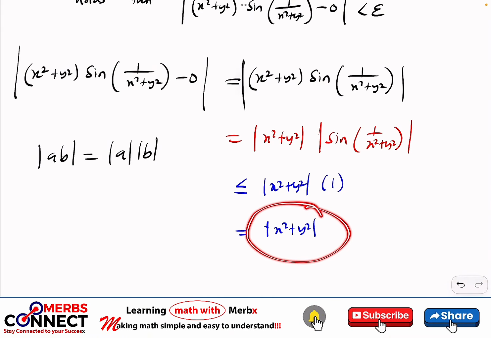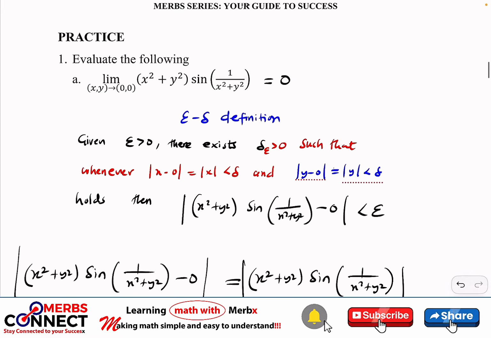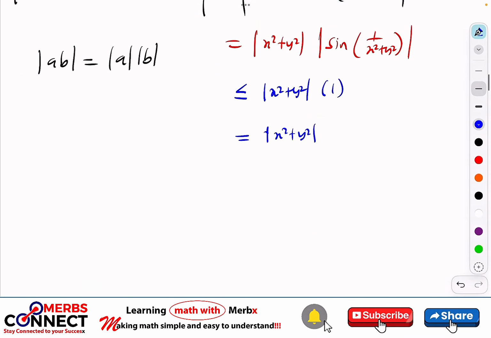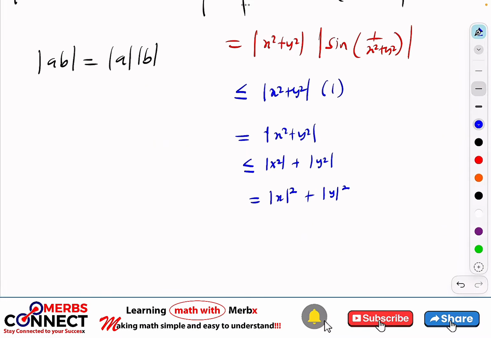Now that we have x squared plus y squared, we need to focus on getting absolute of x and absolute of y to be less than delta. So we can use the triangle inequality. So this is the same as absolute of x squared plus absolute of y squared.